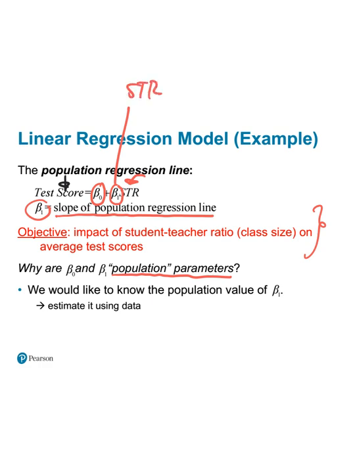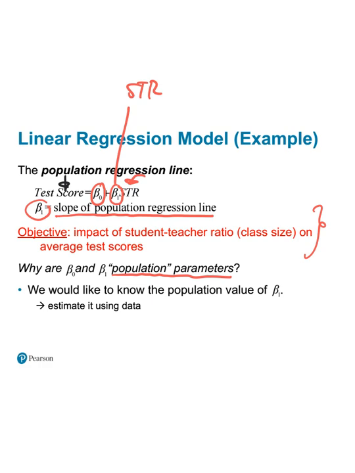The true impact, if we knew everything about every single class in the country and the world, if we had all that information perfectly and nothing was measured improperly or with measurement error, then we would know what beta 1 is. Okay? Beta naught would be the average impact from a classroom that actually had a 0 student-teacher ratio. Right? So it doesn't always make sense what the y-intercept actually means in economic terms.